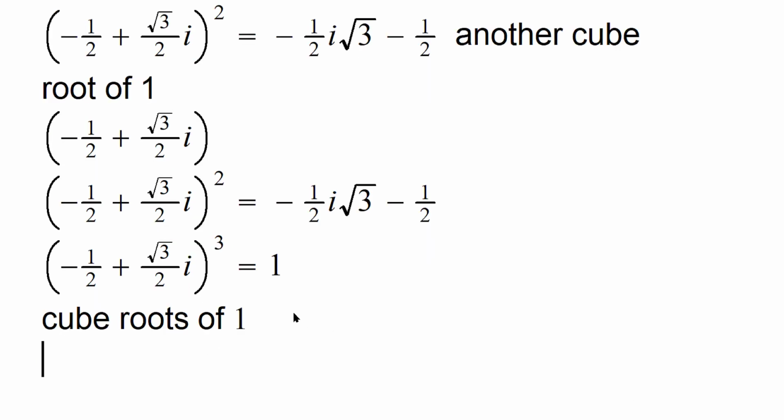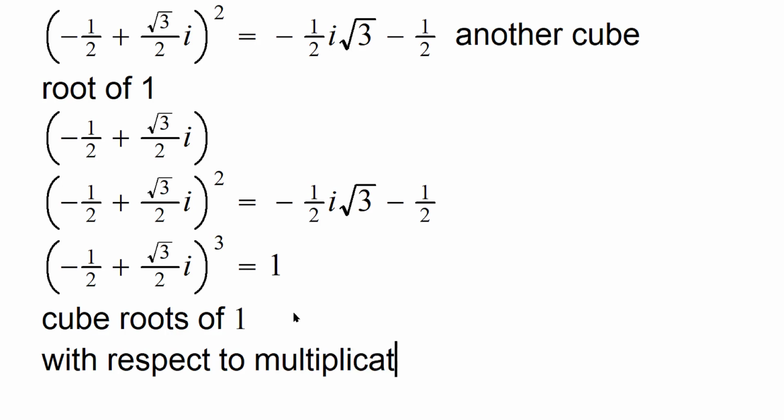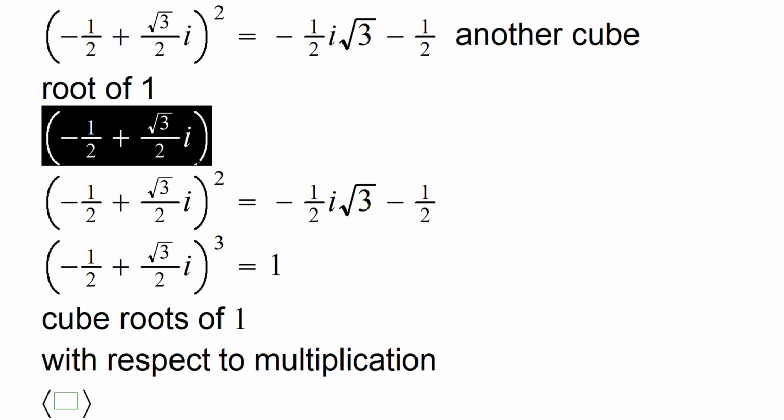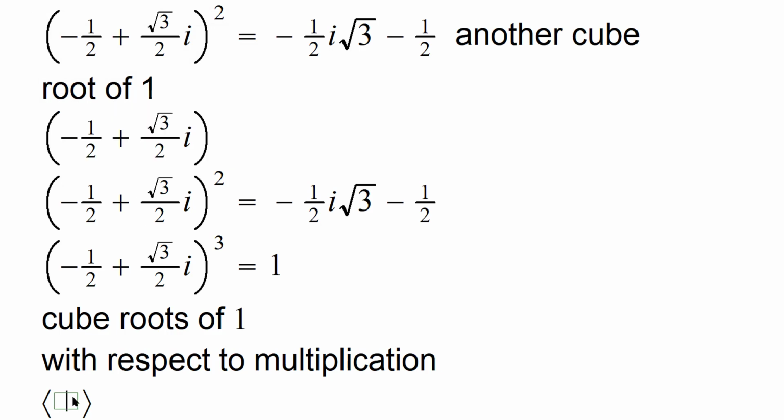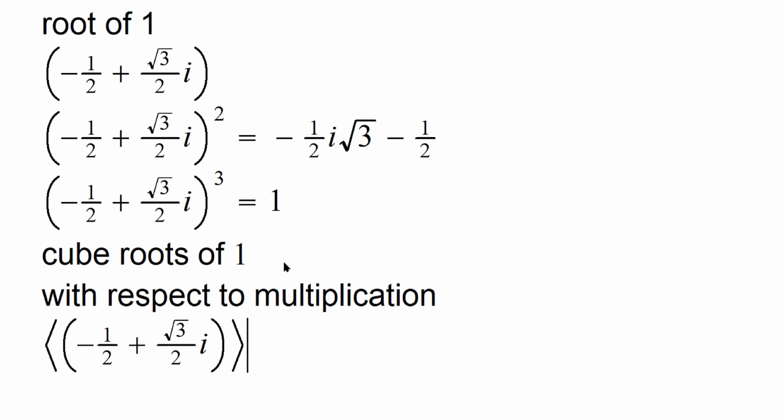So these are cube roots of 1, and with respect to multiplication, they will form a cyclic group, right? Because you just saw that they're all generated by just this element. Whenever we have an even root of 1, we will have 1 and negative 1, two real roots.